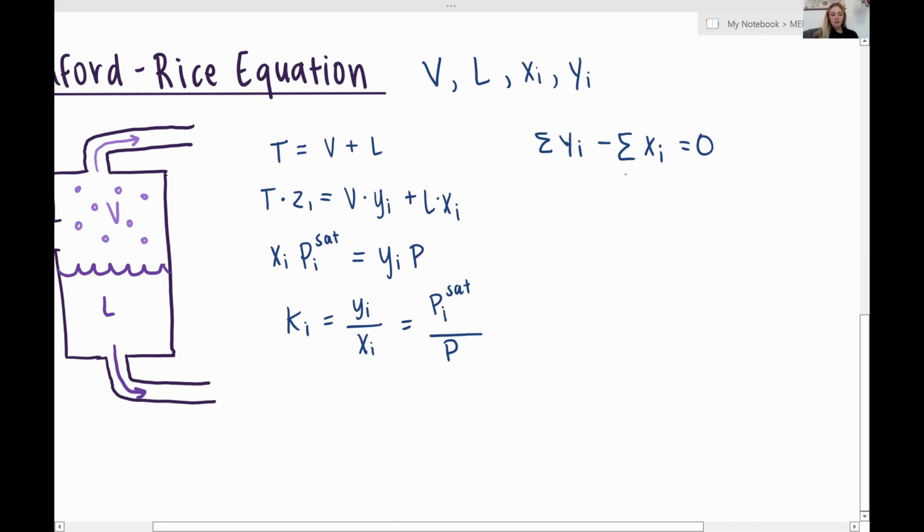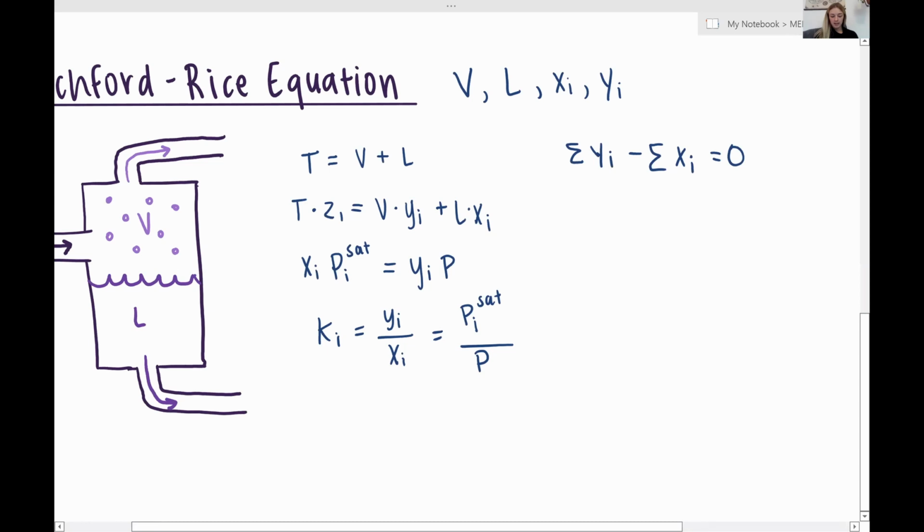This is a pretty obvious statement. It's just that the total fraction of moles in our vapor phase is going to equal 1, because if we have 40% benzene, 60% toluene in the vapor phase, that's going to equal 1. So it's basically like saying 1 minus 1 equals 0.